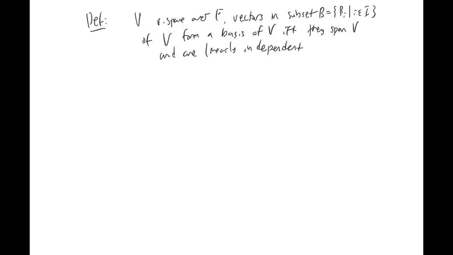And then we say the number of elements in a basis is the dimension of V over F. And if the number of elements is infinite, then we just say it's not finite dimensional, it's infinite dimensional.